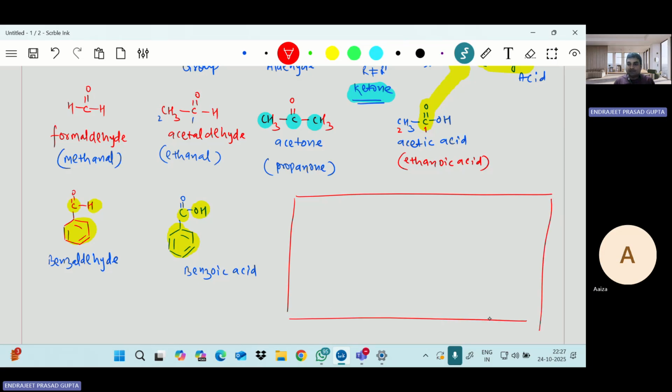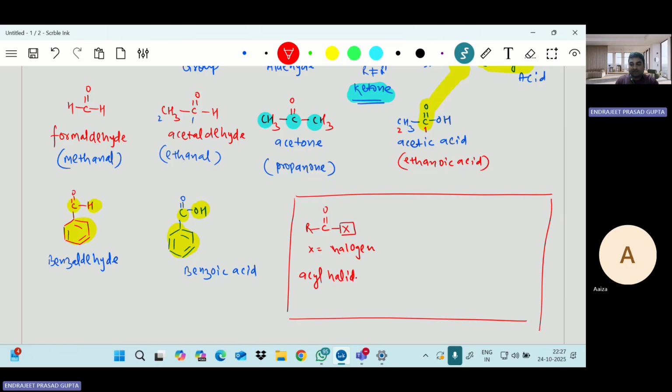If carbonyl carbon has C double bond O and one side is a carbon chain, and the other side is, suppose, X, X means halogen: chlorine, bromine, iodine. So now this is called acyl halide.